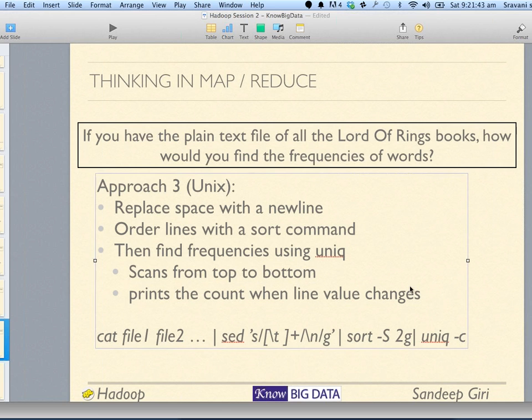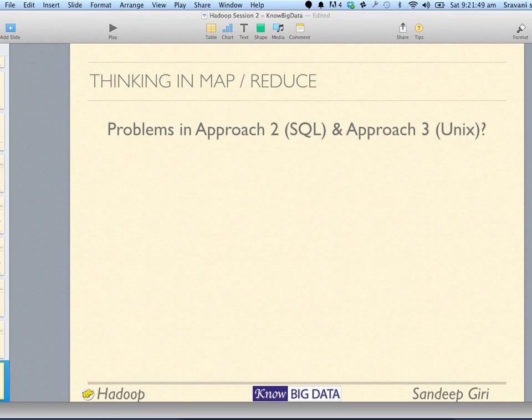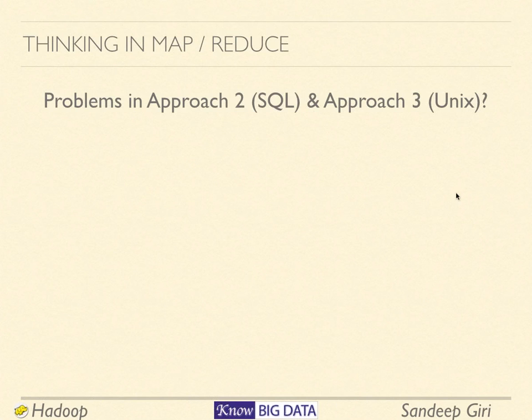Now we talked about the problem with respect to the SQL code, and similarly, there are problems with both of these approaches. So quickly, can somebody summarize what are the problems with approach 2 and 3? Approach 2 was using SQL where we said select this word and count the frequency.